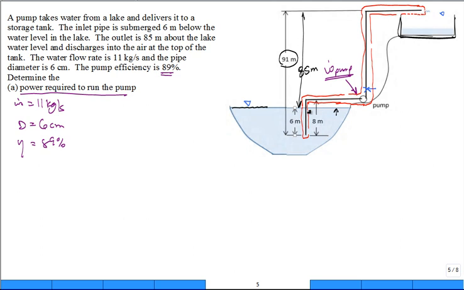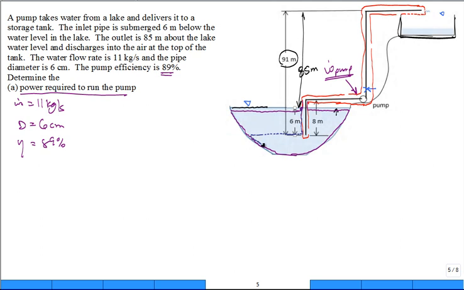You could come down, hit this surface, go a little bit below the water surface, just a little bit, come all the way across, hit the bottom of the lake, come up, all the way across, just a little bit below the surface, and close it in. See the difference in those 2 control volumes in the lake region? And there's one other one. Come down just a little bit above the inlet to the pipe and cut across.